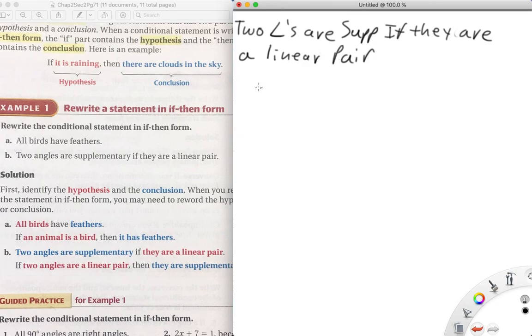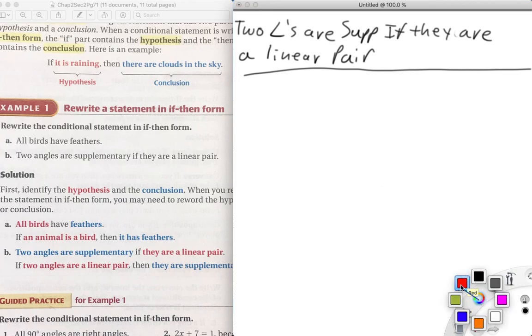Since we have the if statement right there already, well, I wouldn't call that the conclusion, but the book says another thing. So I'm not going to argue with the book.